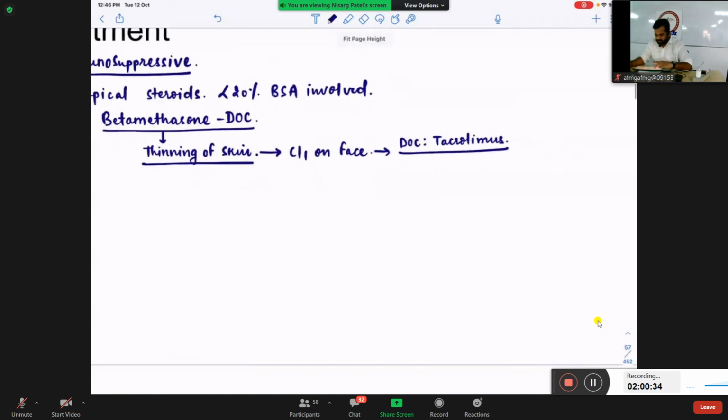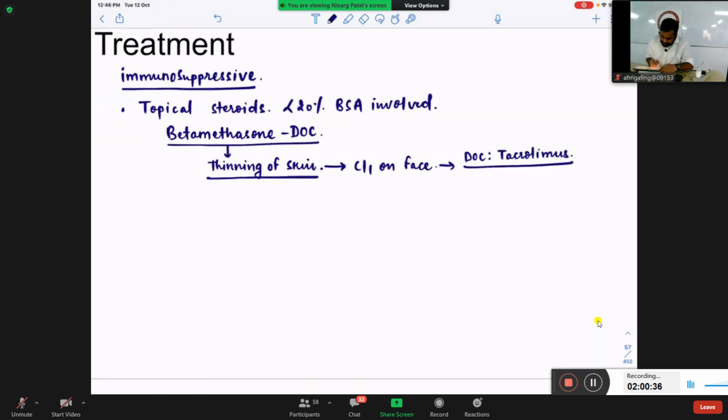After the steroids, the next is vitamin D derivatives, which is calcipotriol cream.